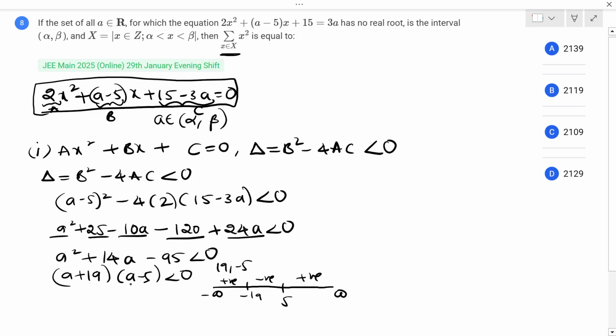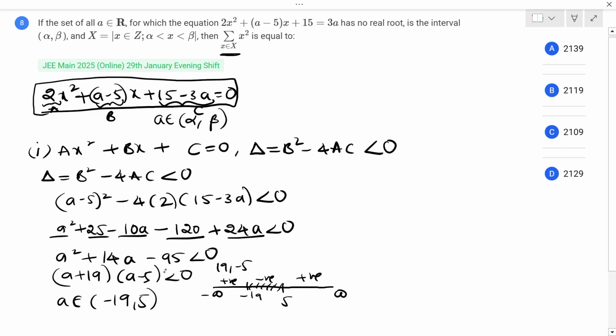Here also the second factor has coefficient of a equal to 1, positive. So he is asking less than 0, which means negative. So a belongs to −19 to 5, smaller root to bigger root. Why sir? Why open bracket?